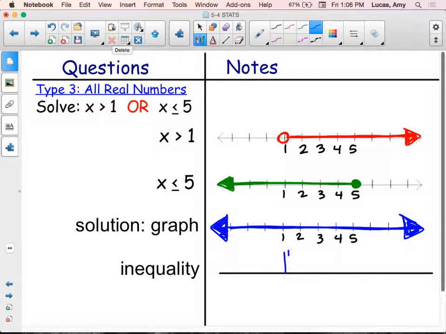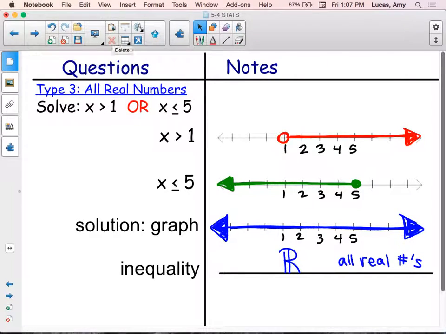So that's called all real numbers. You can write the symbol for all real numbers, or you could just write it out. Every number on the number line would meet this compound inequality. Either be greater than 1 or less than or equal to 5. Every number is included.